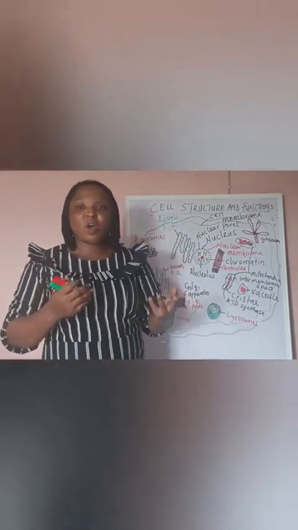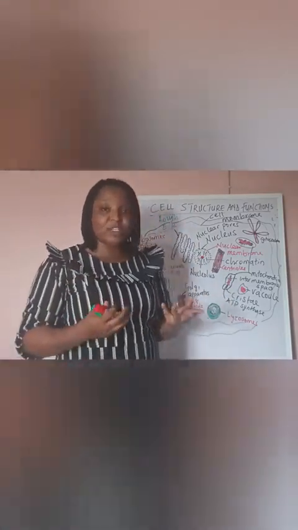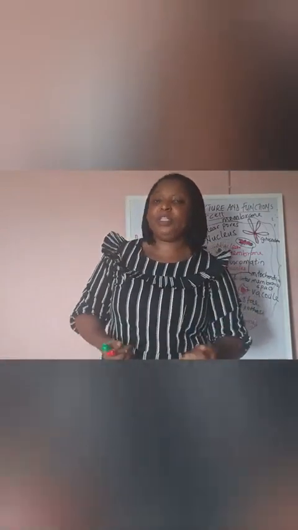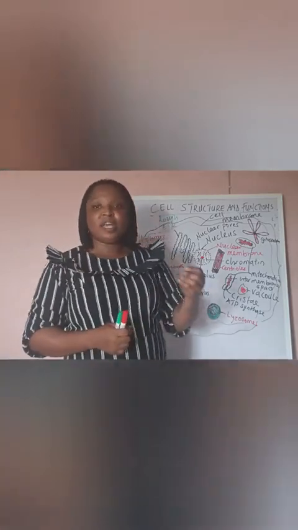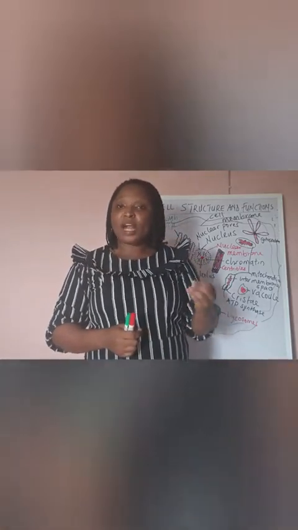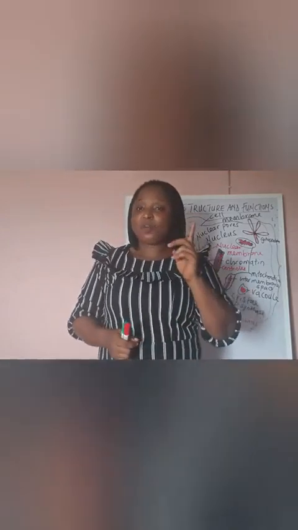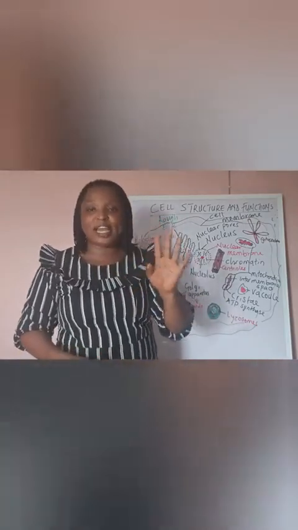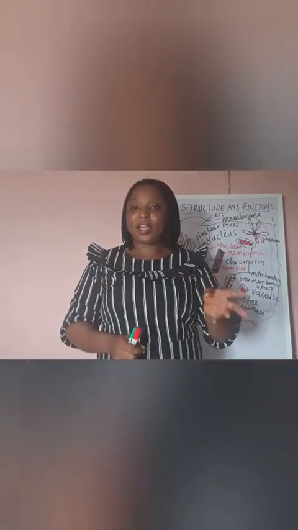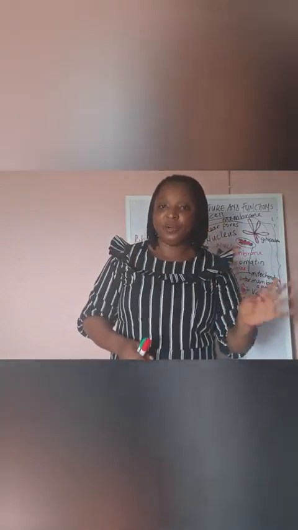So living organisms are grouped into two based on the number of cells that they possess. So we have the unicellular organisms, which are organisms that have only a single cell, which they use to carry out all their life processes, like amoeba and euglena.